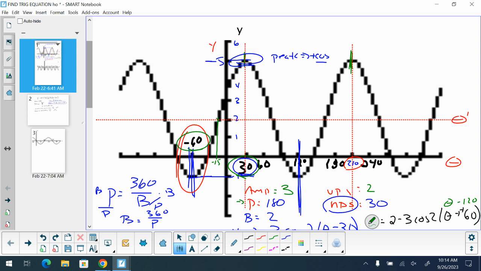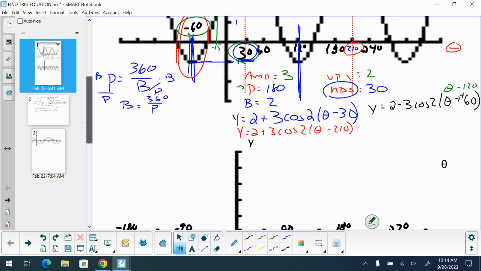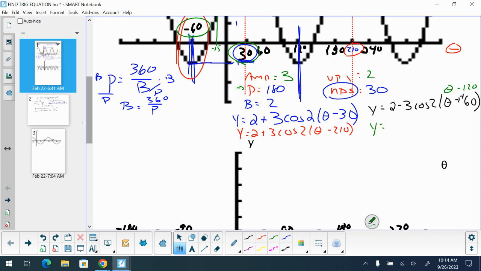But now I'm starting on my neutral axis and climbing the hill. So that would be a what? Positive sine. So y is equal to 2 plus 3 sine of 2 theta plus 15. That is a correct solution.